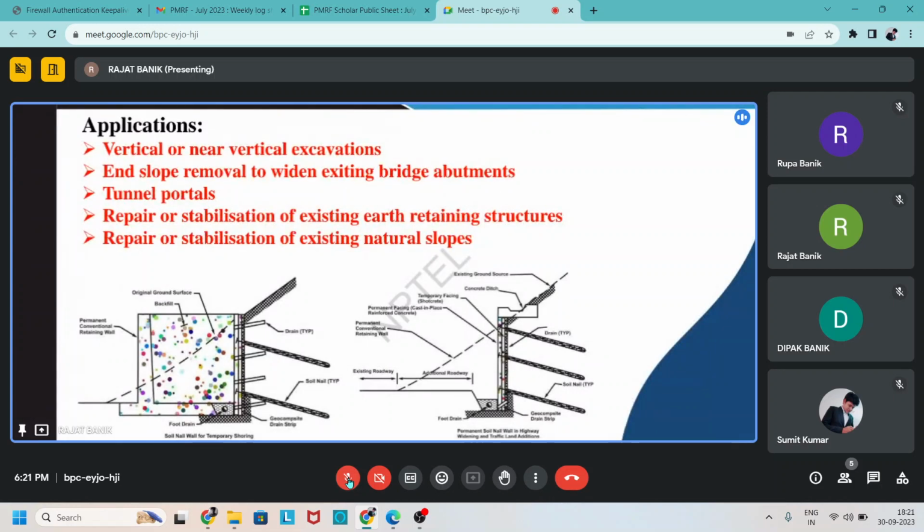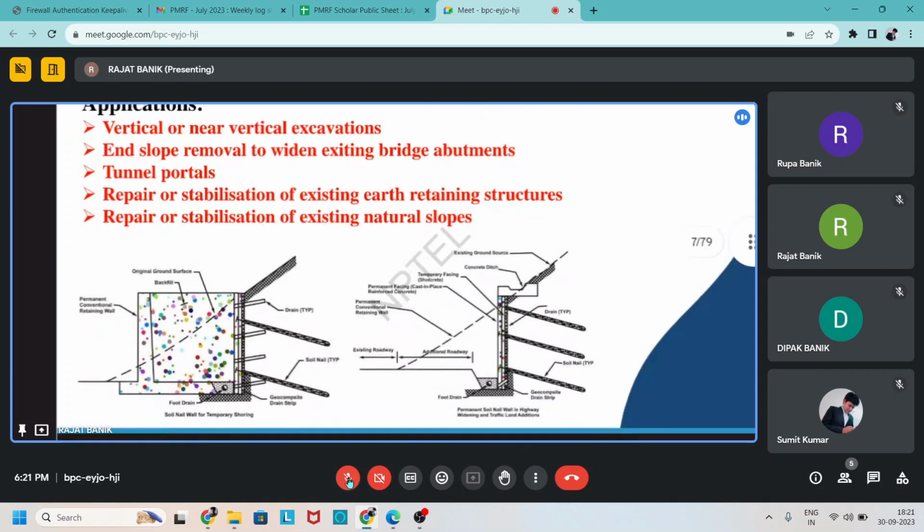So this technique is most suitable for this condition in bridges. Then we can also use it for tunnel portals, to stabilize the tunnel on a temporary basis during construction, and also for repair or stabilization of existing earth retaining structures, and repair and stabilization of existing natural slopes.